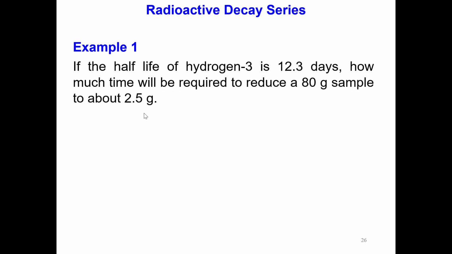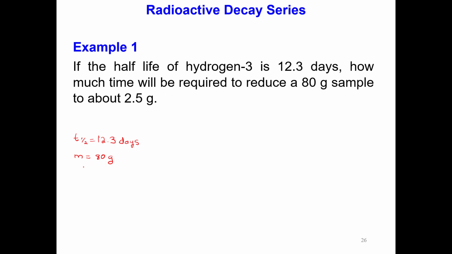Then let's write the information we know. We know the half-life equals 12.3 days. Also, we know the initial mass of the sample of hydrogen-3 is 80 grams.